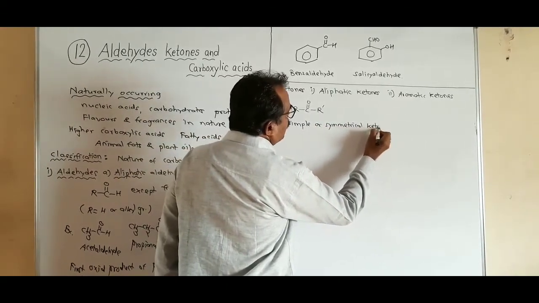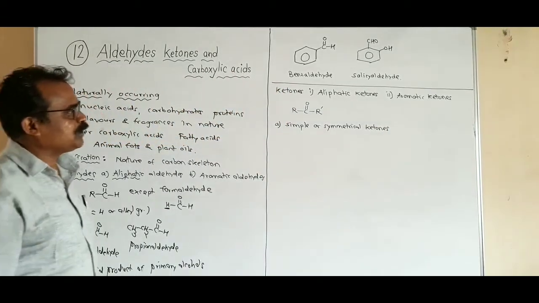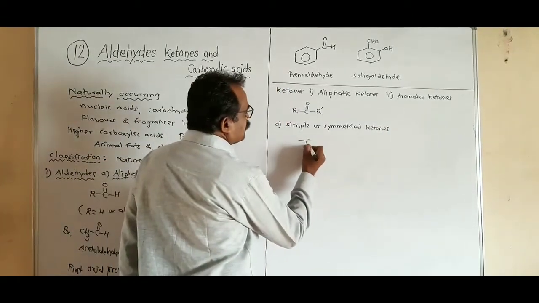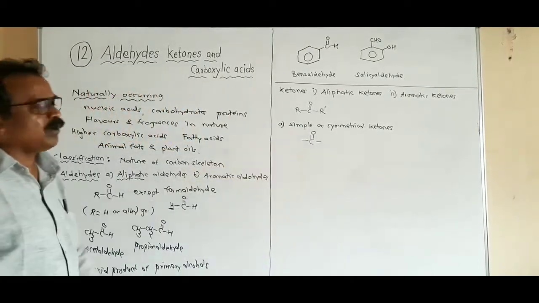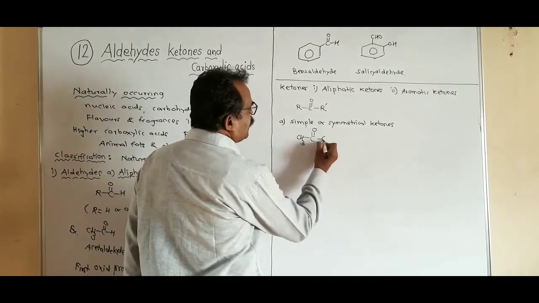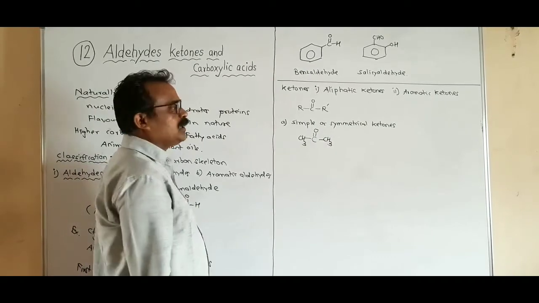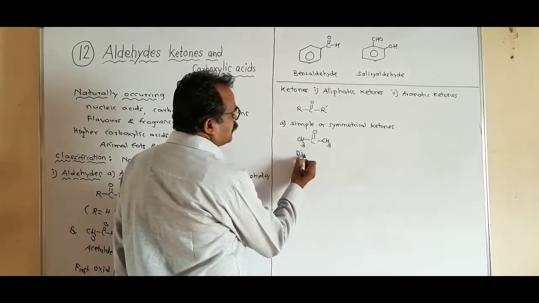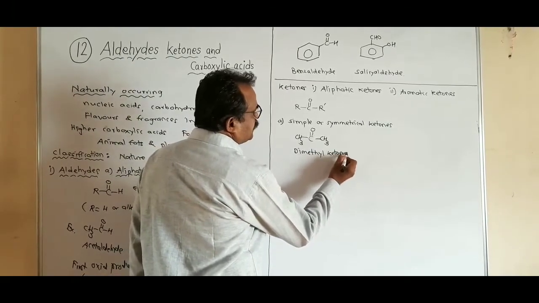Simple or symmetrical ketones means the ketones in which the carbonyl carbon of the carbonyl group is attached to two similar alkyl groups. For example, dimethyl ketone, both alkyl groups are methyl.